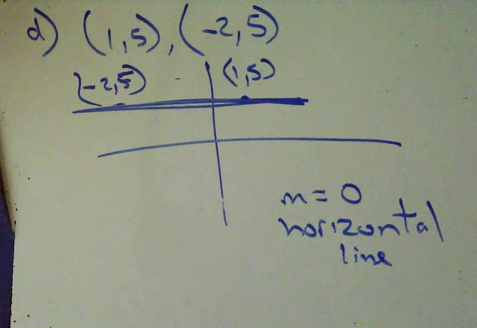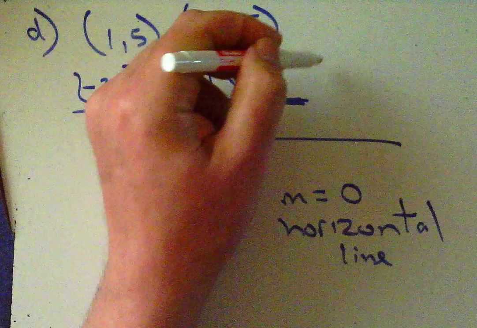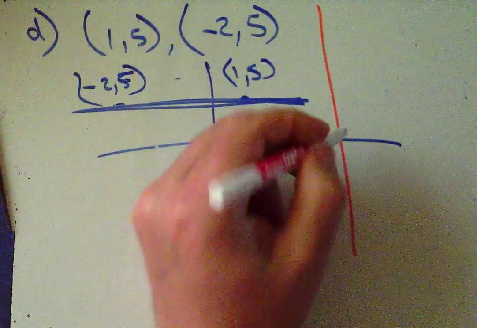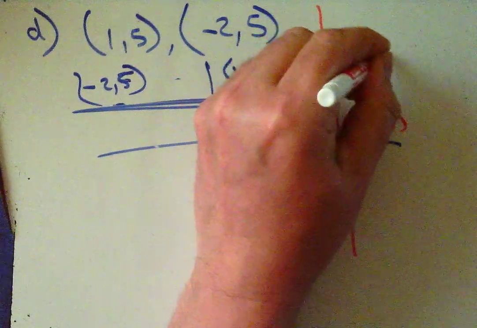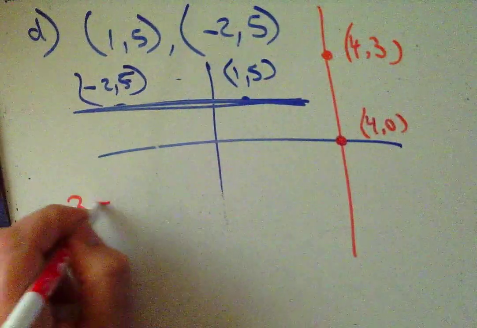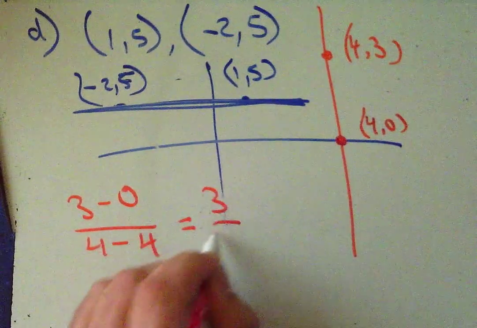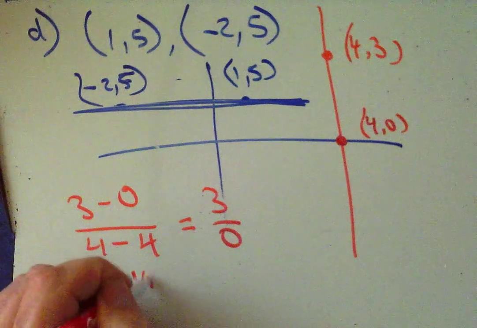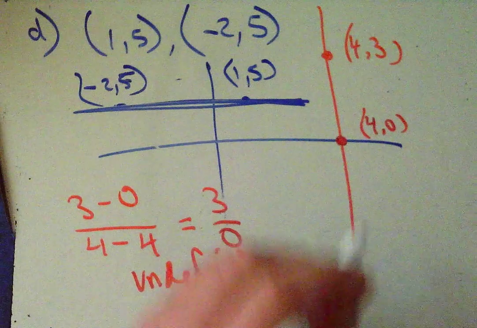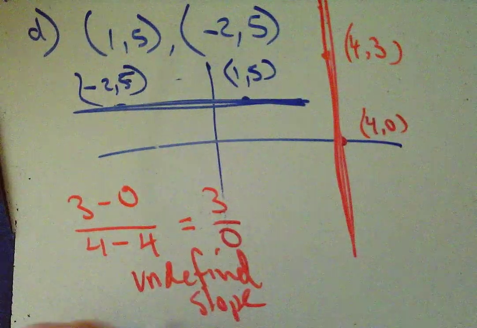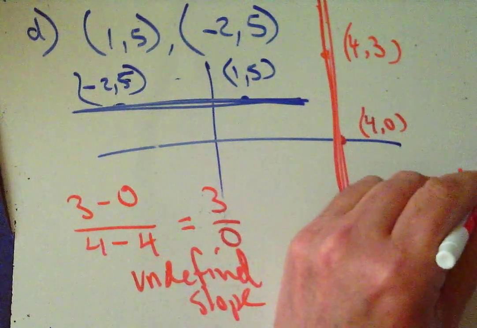But the problem before that, C, that we did, had (4, 0) and (4, 3). And when we did this, we got a 0 in the denominator, and we said that was an undefined slope. And so a vertical line has an undefined slope.